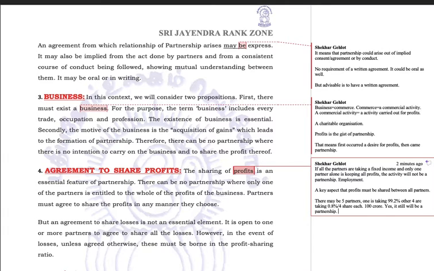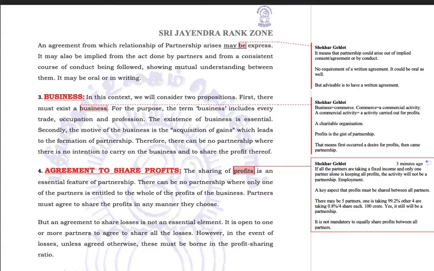The gist of the partnership is the sharing of profits. Okay, the gist is not the proportion that you should equally take. It is not mandatory. It is not mandatory to equally share profits between all partners.